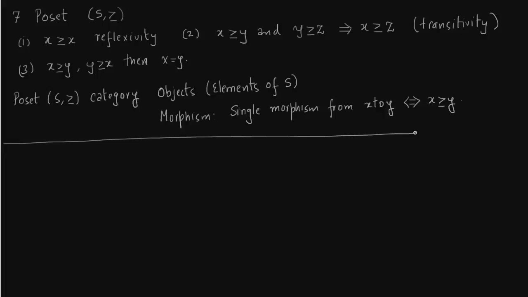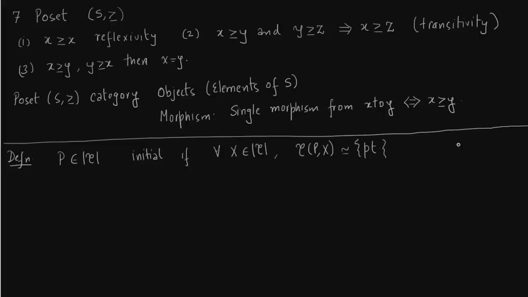So now I want to give examples of initial and terminal objects. An object P of category C is called initial if for all x which are objects of the category C, this holds: Hom(P, x) is equivalent to a point.